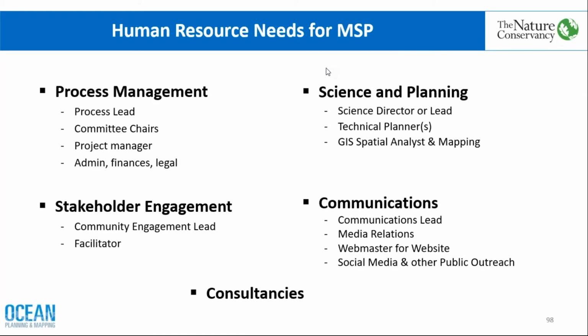So one can dive a little bit deeper into the staffing needs, the human resource needs. And generally, we recognize that these fall into these 5 areas: process management, science and planning, stakeholder engagement, communications, and then a lot of the services that will have to ultimately be addressed through consultancies.